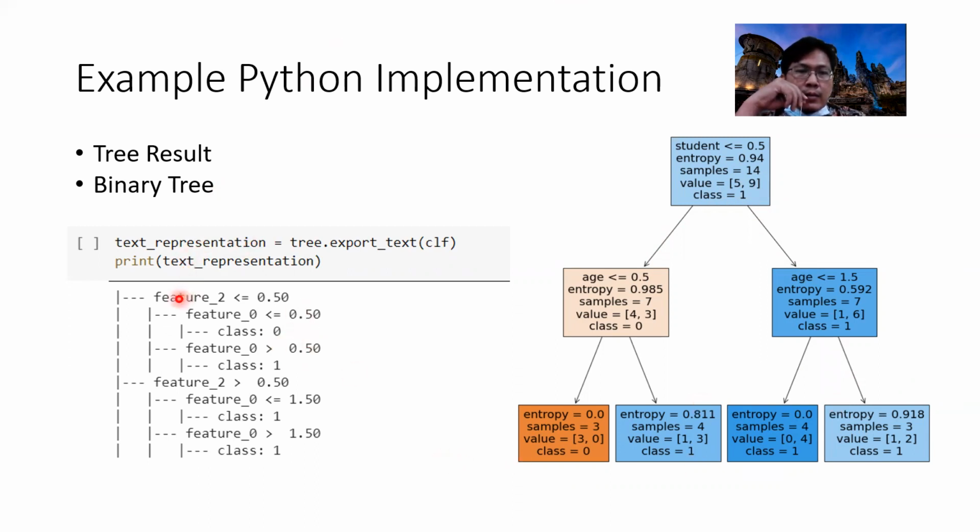This is the result. The filter is student. There are two branches, non-student and student.